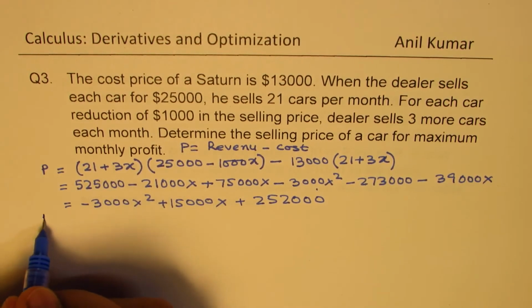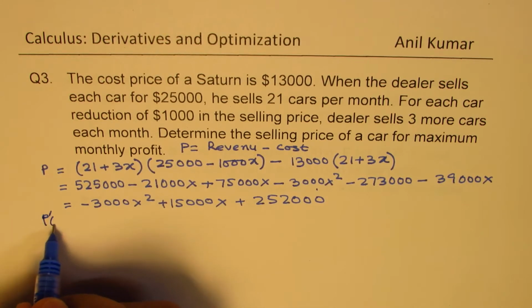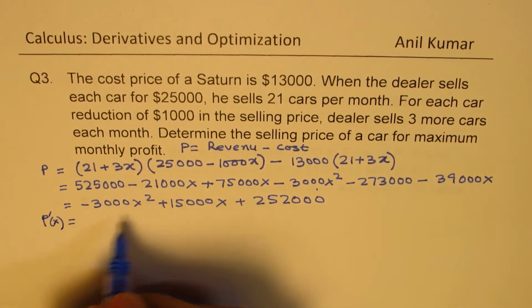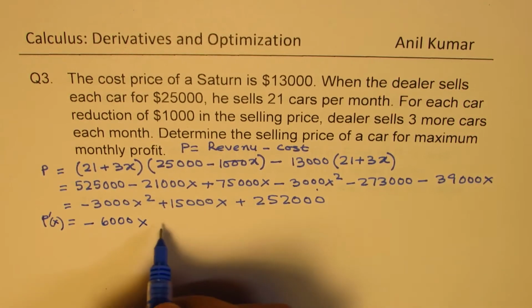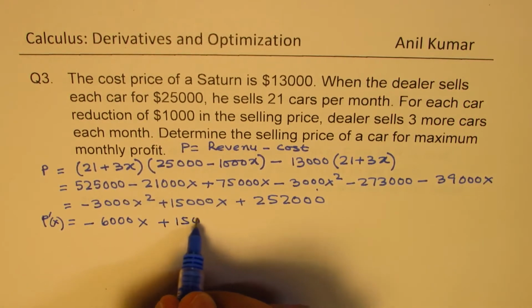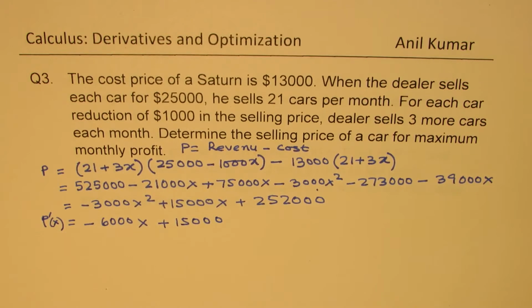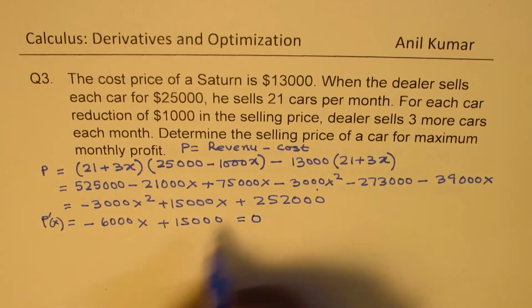Let's find the derivative of this function with respect to x, right? So the derivative with respect to x will be minus 6,000x. Here we get plus 15,000. That becomes the derivative. And let's find the critical number by equating this to 0.